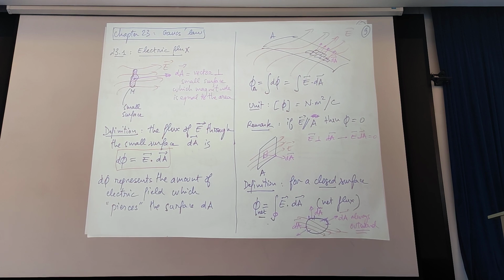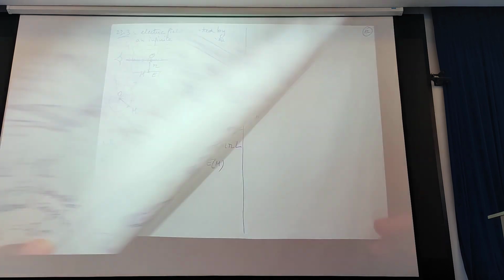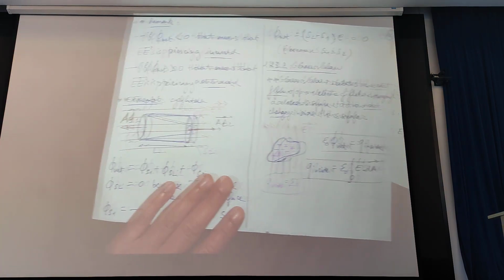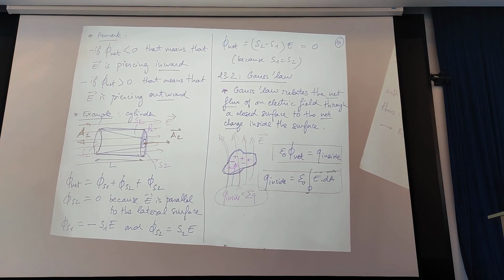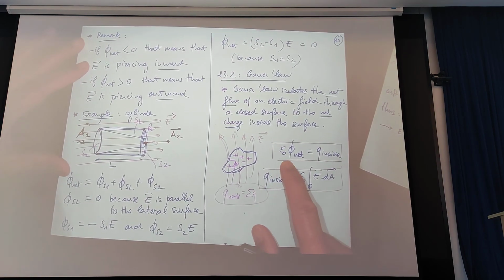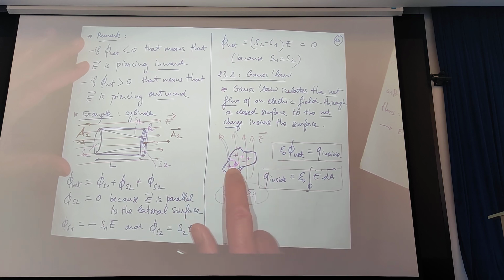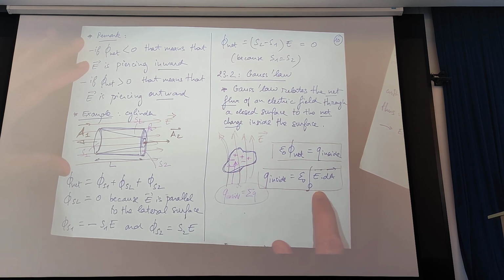Okay, so we were in chapter 23, which is about Gauss law. As I express here, it relates the charge inside a closed surface to the net flux of the electric field through this surface.